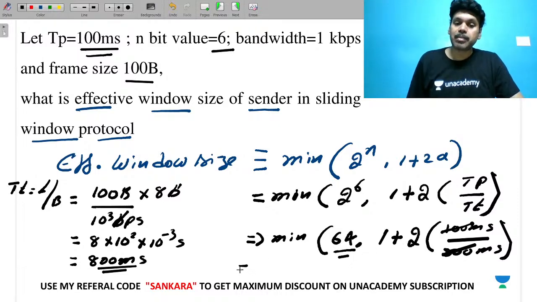So it is nothing but minimum of 64 comma 1.25 frames.